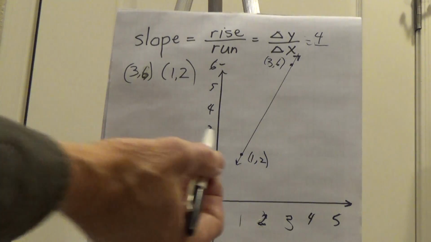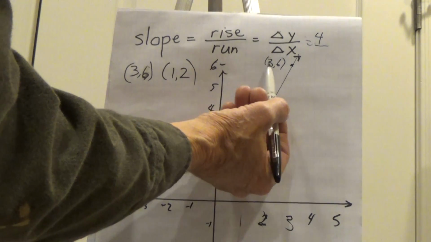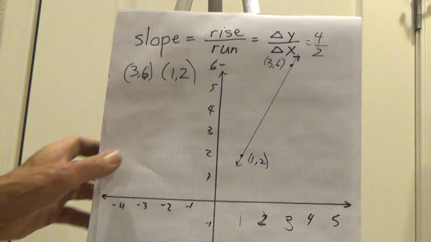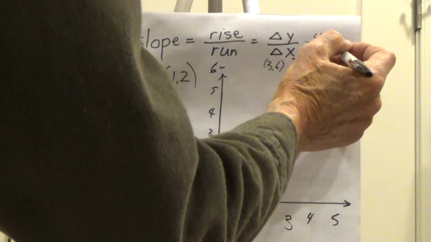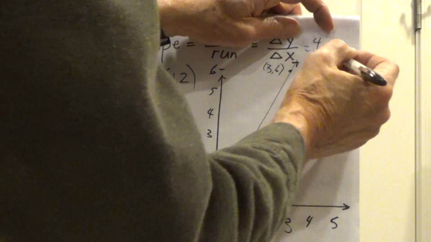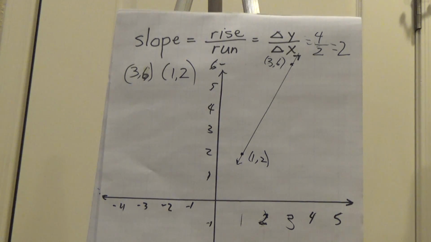And then it goes over 1, 2. So the slope is 4 over 2, which is 2. The slope of 2 over 1, which we just say is a slope of 2. Very steep and positive. It goes uphill from left to right and steeply.